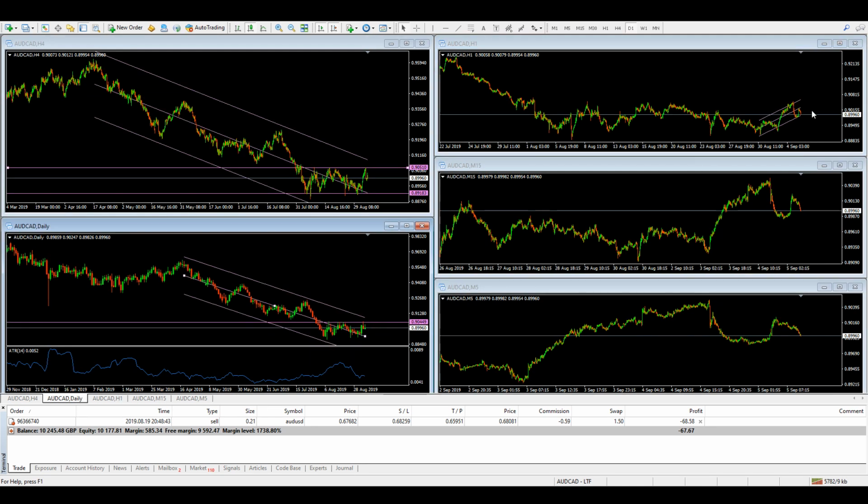An entry based on that would give a decent 1-to-1, an exit around these type of areas, viably beyond that as well, about 1.5 to maybe 2-to-1 reward to risk. So yeah, just waiting for that to happen really. If that does happen in today's session, there is scope for it, but we just need to wait and see really.